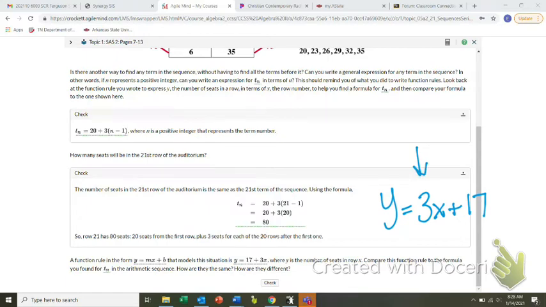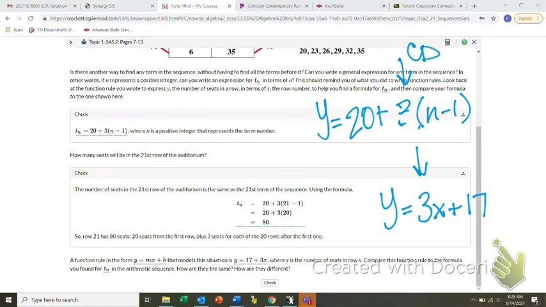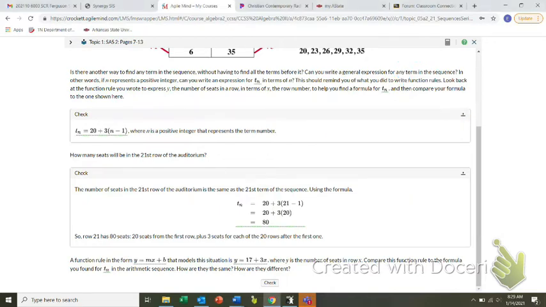Well, my slope is 3, also known as the rate of change. But in my first equation, y equals 20 plus 3, the 3 is my common difference. So what it's trying to show you here is that the common difference and the rate of change are the same in both equations. They are both equal to 3. Okay?